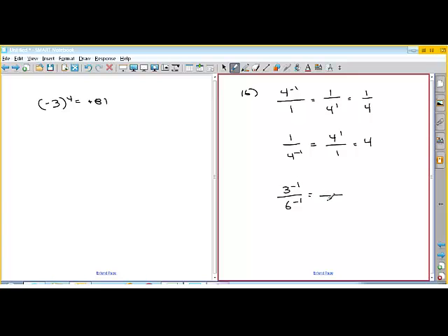The only way I can make this positive is to move it from the numerator to the denominator and change the sign. Likewise, this number, I can make it positive by moving it from the denominator to the numerator. And then 6 to the first power is 6, 3 to the first power is 3, and then I can simplify that, and the answer is 2. But notice I don't evaluate the exponent until I make it a positive number.